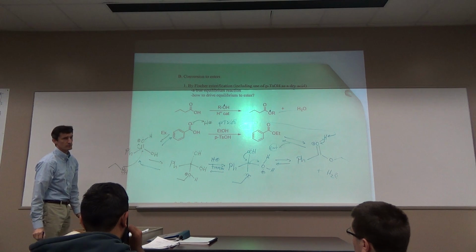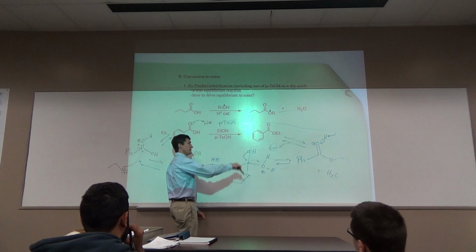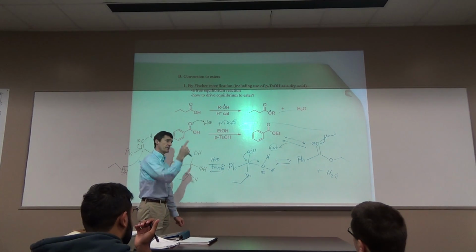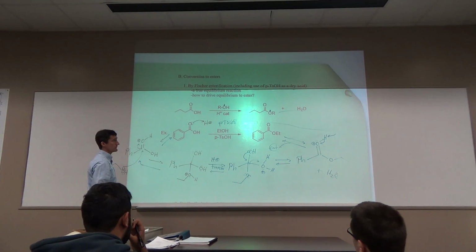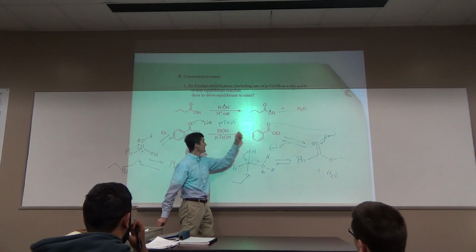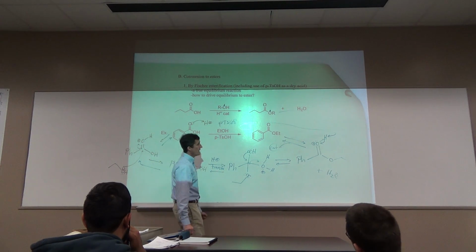This is a true equilibrium reaction. In fact, in another lecture, we're going to look at the reverse reaction. But I'm not going to cover the mechanism because I'm going to refer you to this right here and say we already did it. Just do this one backwards. Later on, we'll say we can go from an ester to an acid. It's the same mechanism, just backwards.